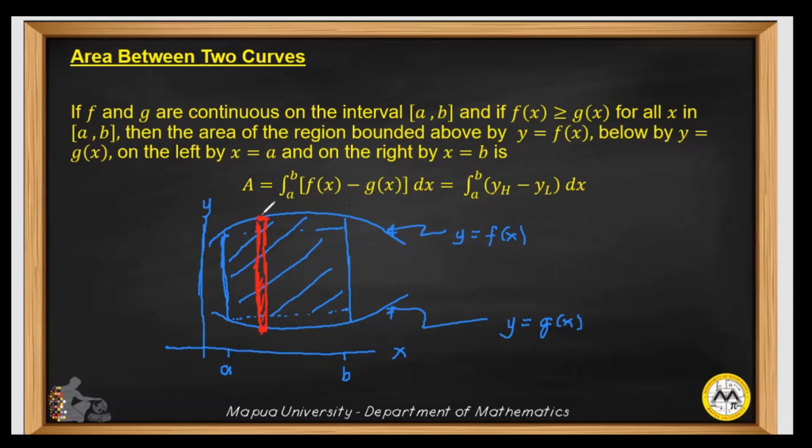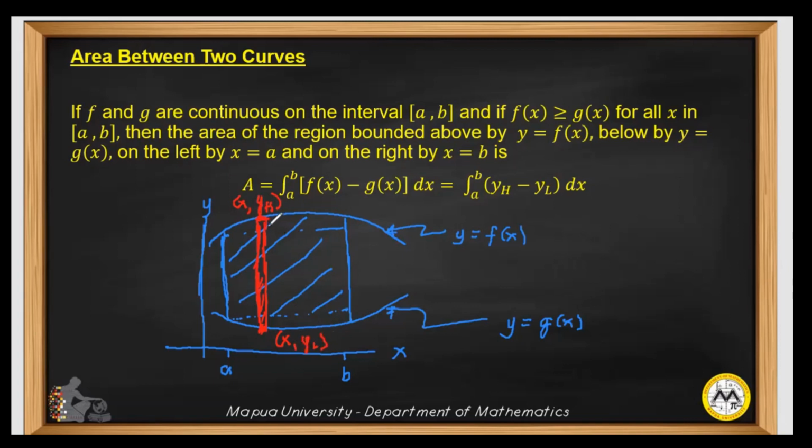Of course, this point will have the coordinates x, and let us call the y coordinate y sub h, so that the distance of this point from the y-axis is x and the distance of this point from the x-axis is y sub h. While for this point, the x coordinate, the distance from the y-axis, is x, and let us call the distance of this point from the x-axis y sub l, y lower.